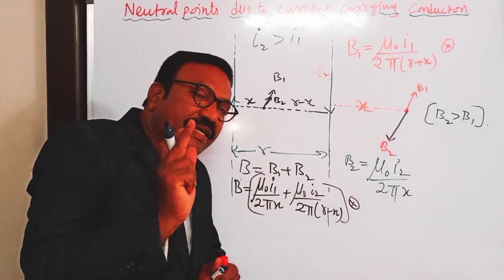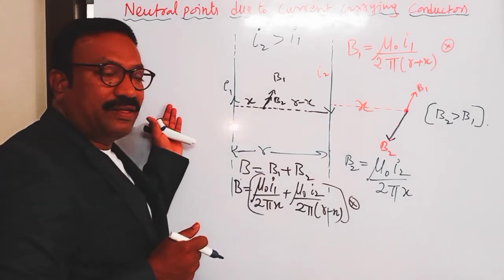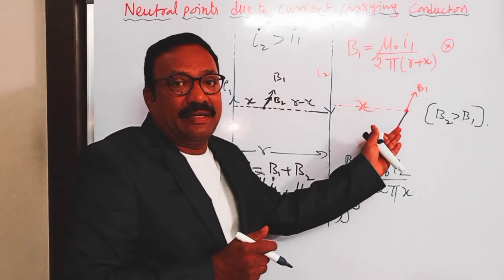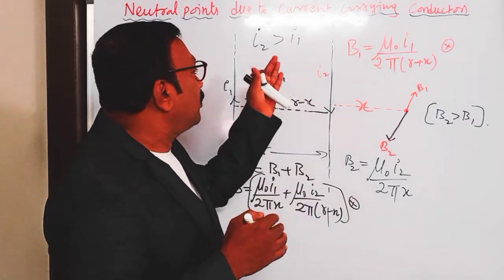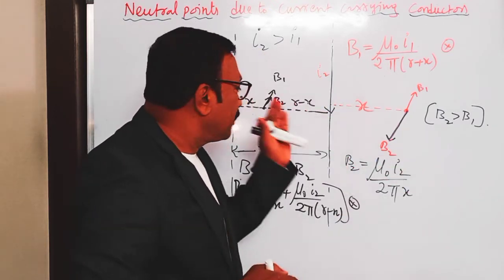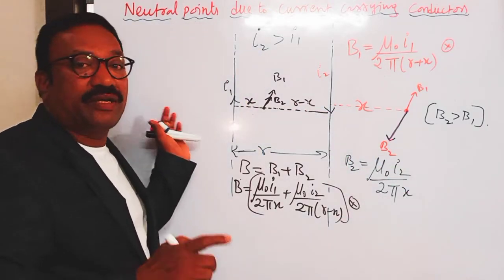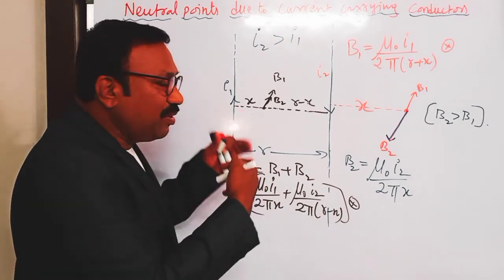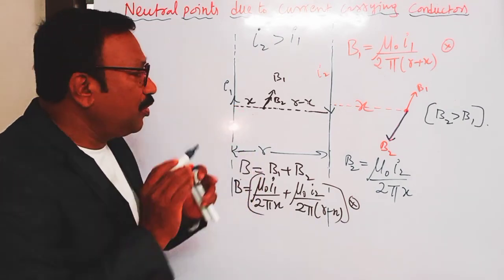Nearer to the second conductor, nearer to the greater current, you won't get a neutral point. Nearer to the smaller current only you will get a neutral point. I already gave you that answer, but you will understand why more clearly here now. Now if you come over here.